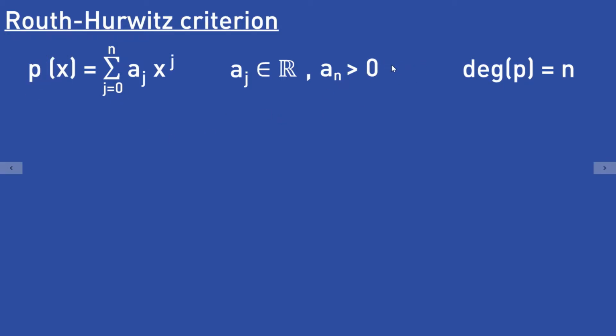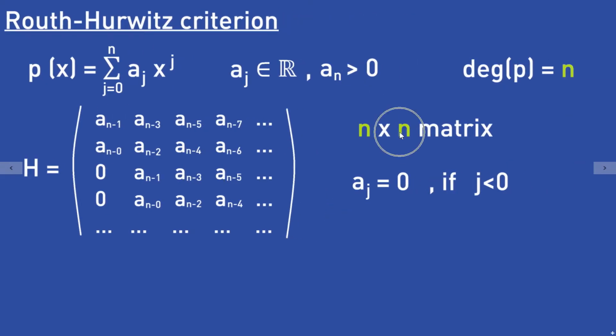Let H be the following n times n matrix. We call this matrix the Hurwitz matrix. You see, the entries of this matrix H are the coefficients of the polynomial p. You have to fill in these coefficients in a particular way.